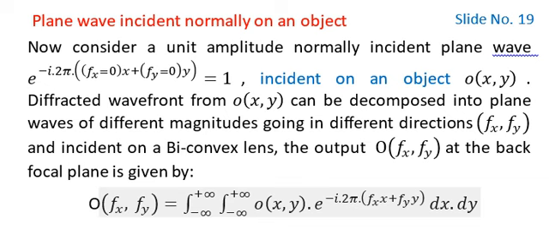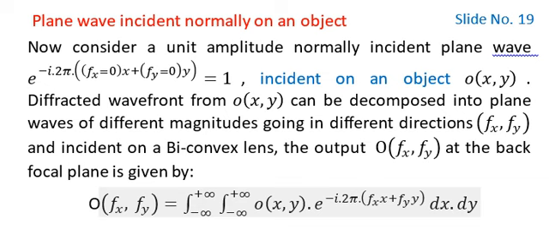And in this integral, you should consider e to the power minus i 2 pi times fx x plus fy y, and the integration limits you can consider as part of the Fourier integral, and this is the object that we need to put in the integral in order to Fourier transform.